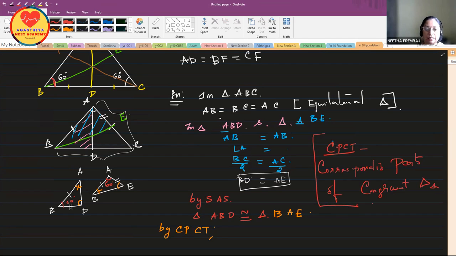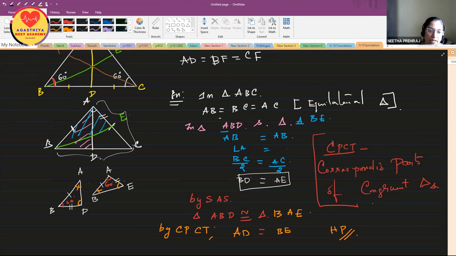So you can say, sorry, AD is the median. AD is equal to BE. Hence proved. One thing you should know: if two triangles are congruent, all three corresponding angles are equal and corresponding side measures are equal.